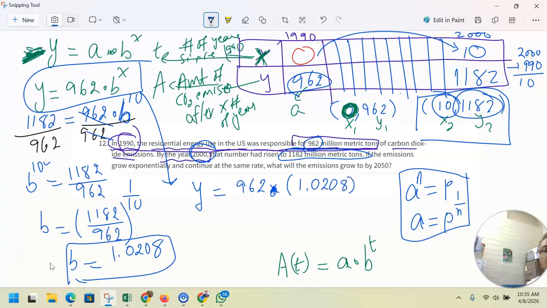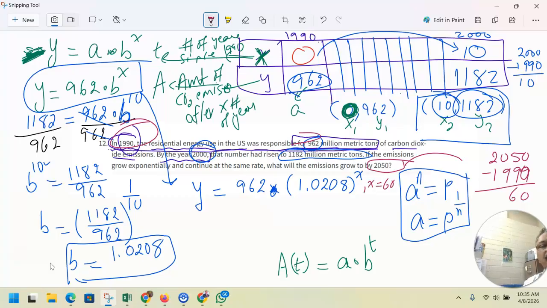But then there is one more question: what about 2050? You have to subtract and see how many years since 1990. If I do this little math, that's 60 years. So when X is 60, let's plug this in.